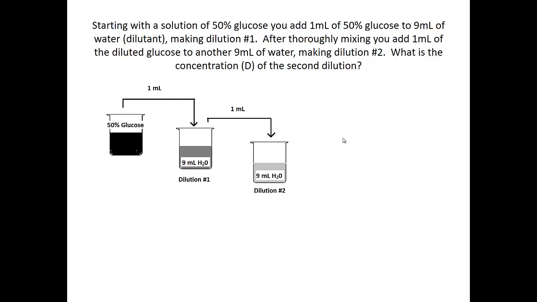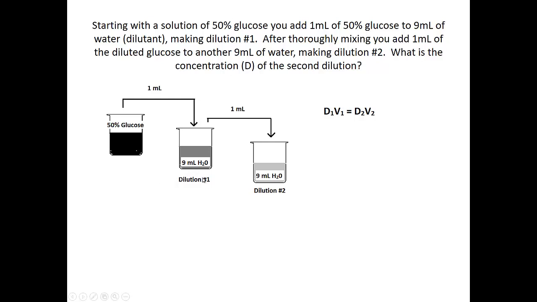In order to solve this problem, we're going to use the same equation, D1 V1 equals D2 V2. The difference is we're actually going to use it twice. We're going to use it in the first part of the problem to calculate our first dilution.